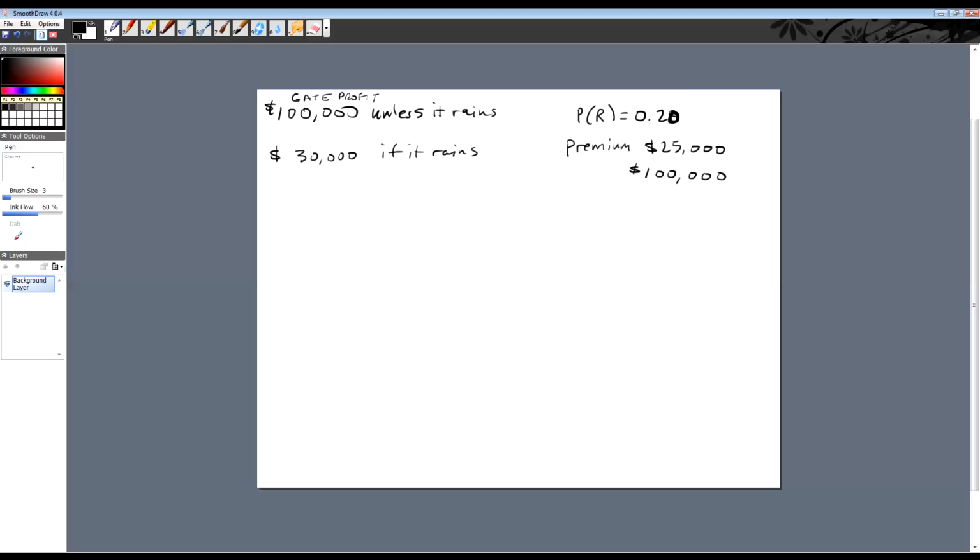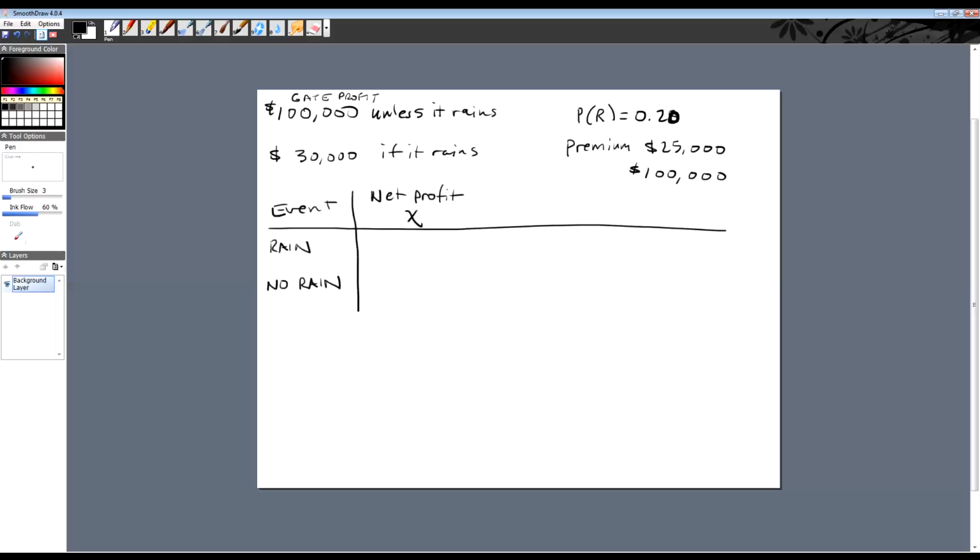So let's look at it this way. Event, rain, no rain. So what is David's net profit? We'll call that X in the event of rain. Well, let's assume that he buys the premium.